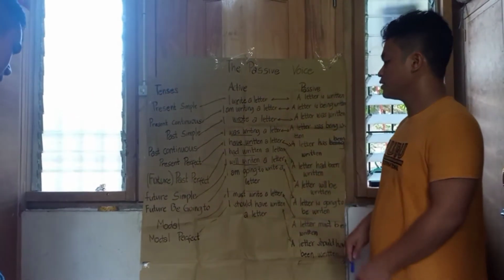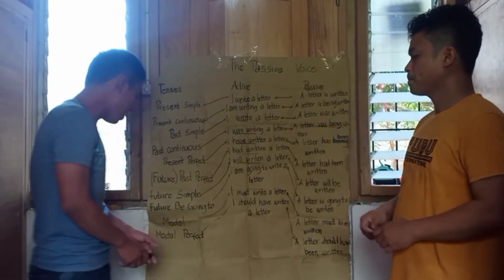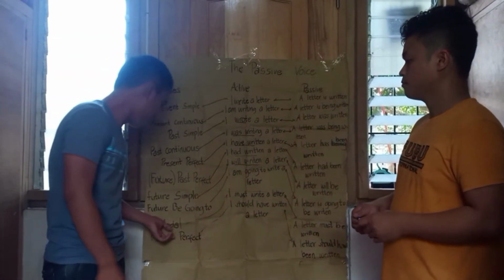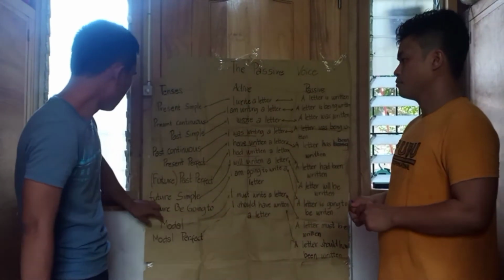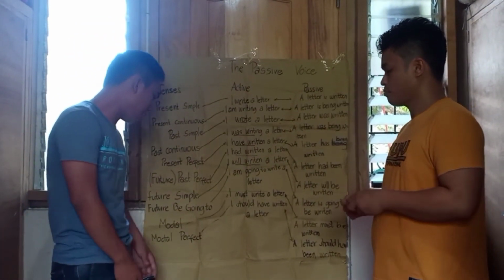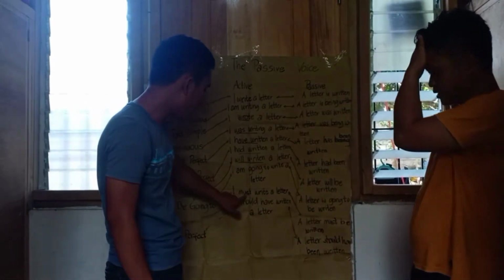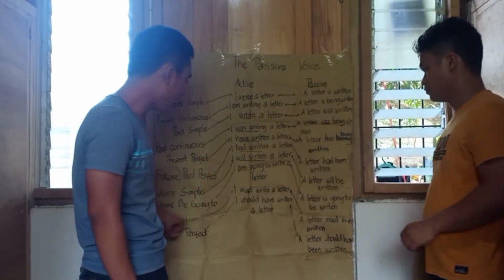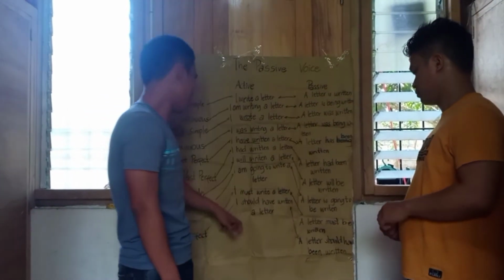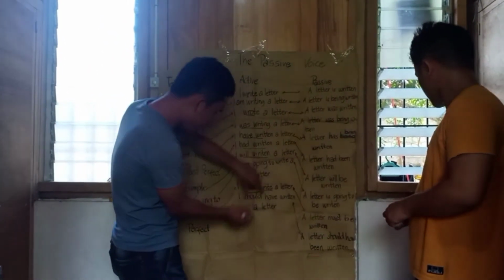Next is the modal, the second last part of our tenses. An example of the modal in active voice is "I must write a letter." Here, "must write" is the modal.